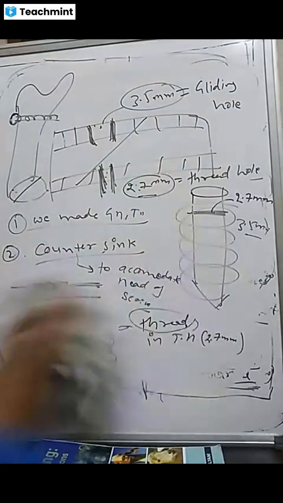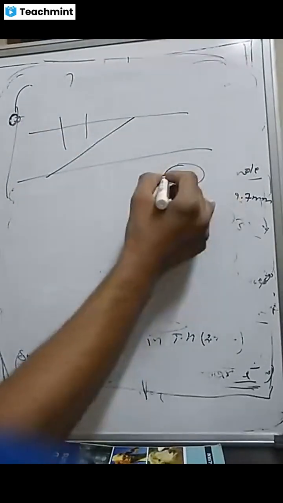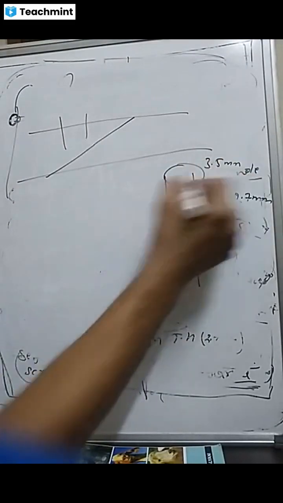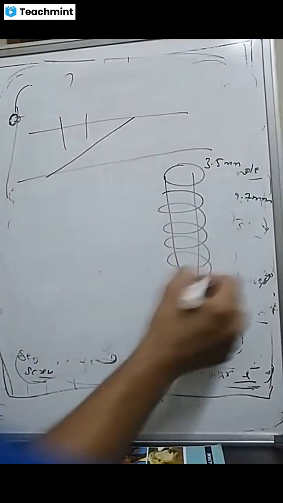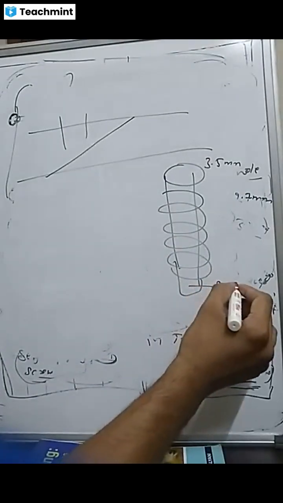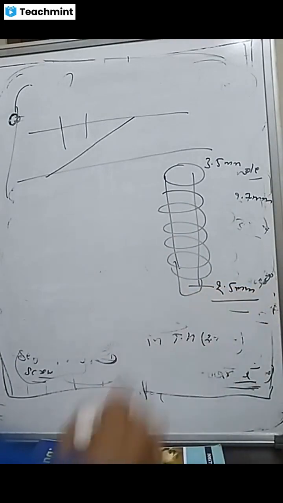The next step is to apply your screw. So what we did: this was the screw, a 3.5 mm screw having a core diameter of 2.5 mm.